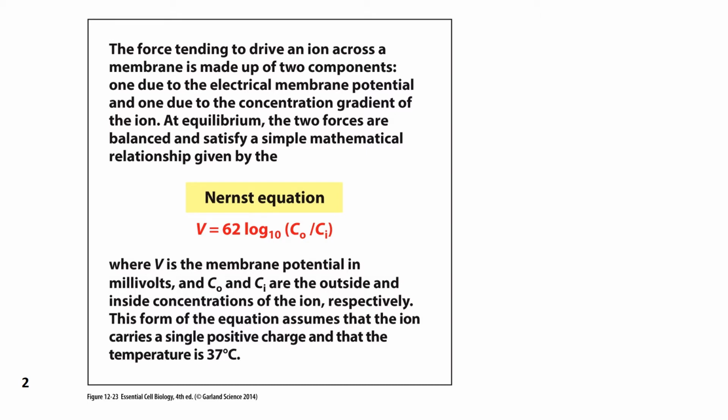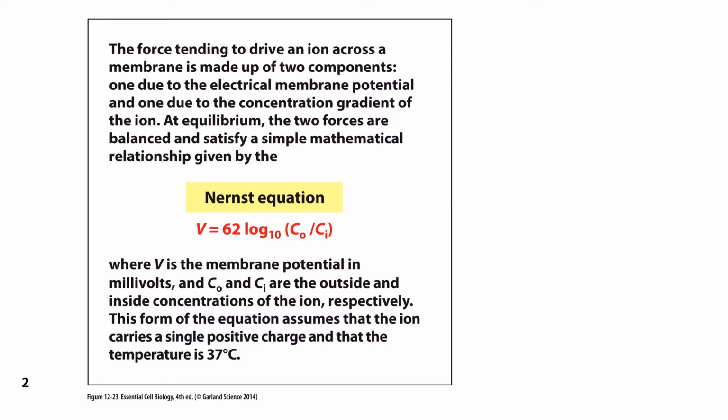The previous video described the source of each of the terms in the Nernst equation, but you may notice that the constant 62 is a bit different from the one in the video. That is because the derivation of the equation in the video was done at room temperature.